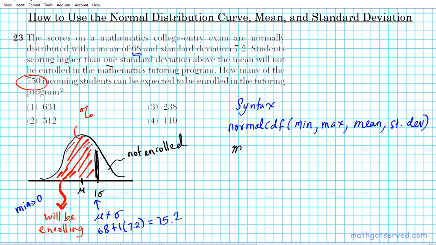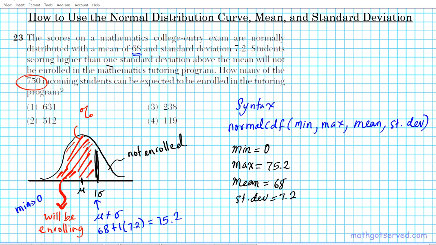The minimum is the lower bound, which is 0. The maximum is one standard deviation above the mean, which is 75.2. We just calculated that. The mean is 68, and the standard deviation is 7.2.